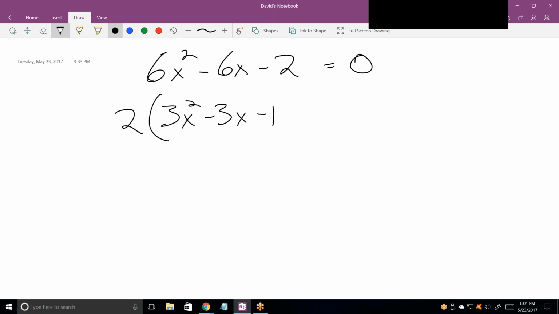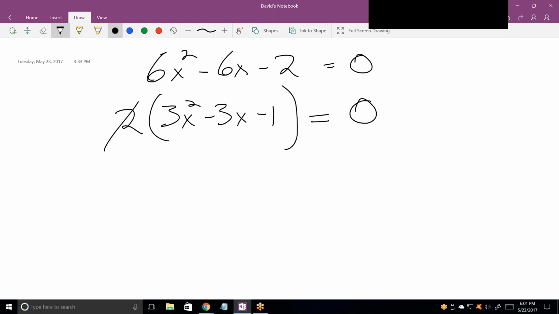That's an important step because that's going to be a much easier quadratic to factor, I suspect, than the original. It's always easier if it's simplified. Because, for one thing, I can just cross out that 2. I can divide both sides by 2.